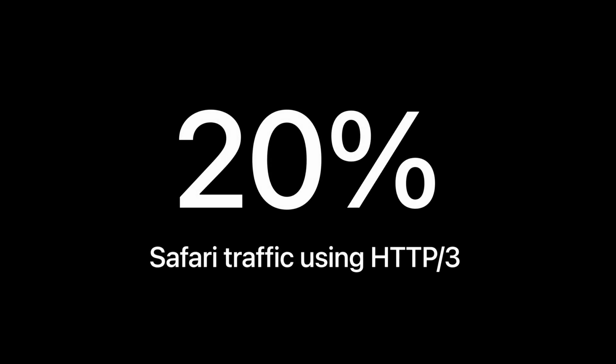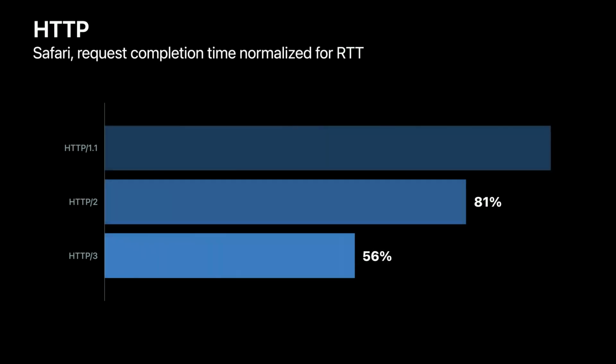Since its rollout, we have seen a constant increase in HTTP3 usage, and within just a year, 20% of web traffic already uses HTTP3, and it continues to grow. Comparing Safari traffic for different HTTP versions, HTTP3 is the fastest of them all.